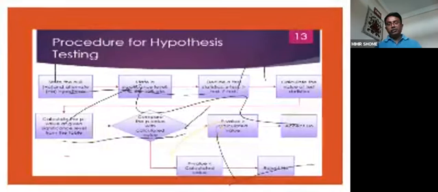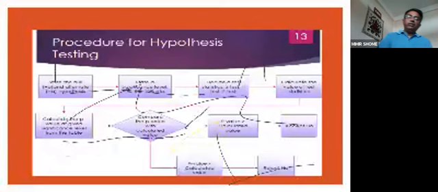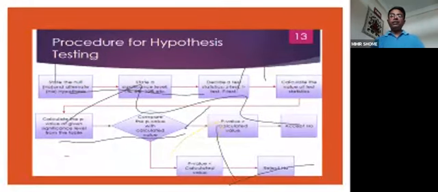After that, we will have to see the table, that is, Fisher's table. From there, we will see whether the calculated value is higher than the table value or lower than the table value. If the calculated value is higher than the table value, whether at the 0.01 level, 0.05 level, or whatever, then we can say that there is a significant difference.